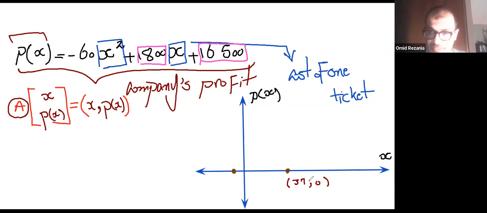And the first point, which intersects with the x, is 37 tickets, which means that it's going to get 0 profit. That's interesting to interpret. And the other one was -7 and 0. And also we saw that we have a point which is a little bit abnormal.